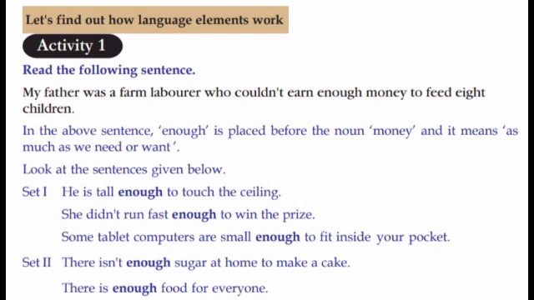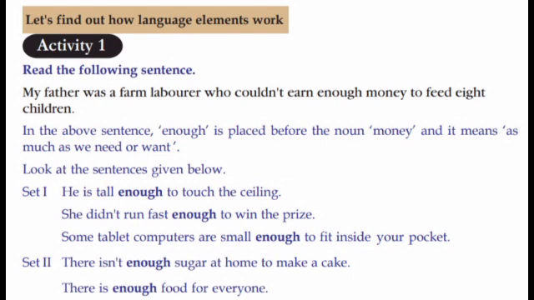Children, have you noticed this? Here in the first set, enough is used after the words tall, fast, small. That is, tall and small are adjectives and fast is an adverb. So, in the first set, enough is used after an adjective and an adverb.